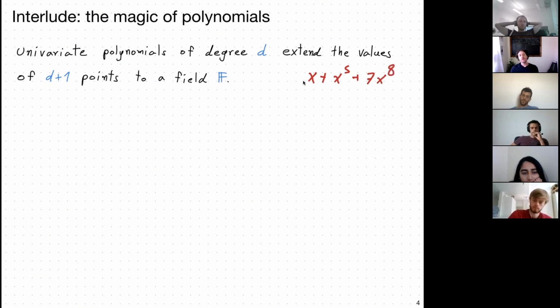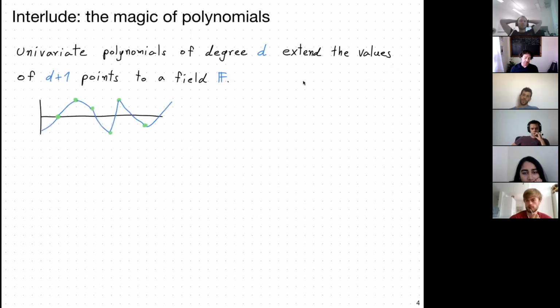So consider a polynomial over some finite field F. Univariate polynomials satisfy something really nice, and that is that they admit interpolation. So what do I mean by interpolation? We can fix any set of d plus 1 points, and that determines a polynomial.